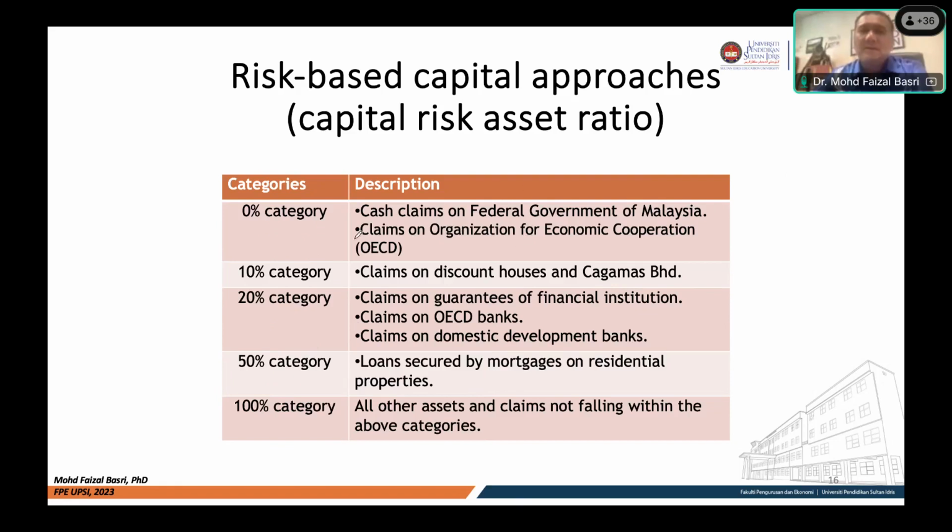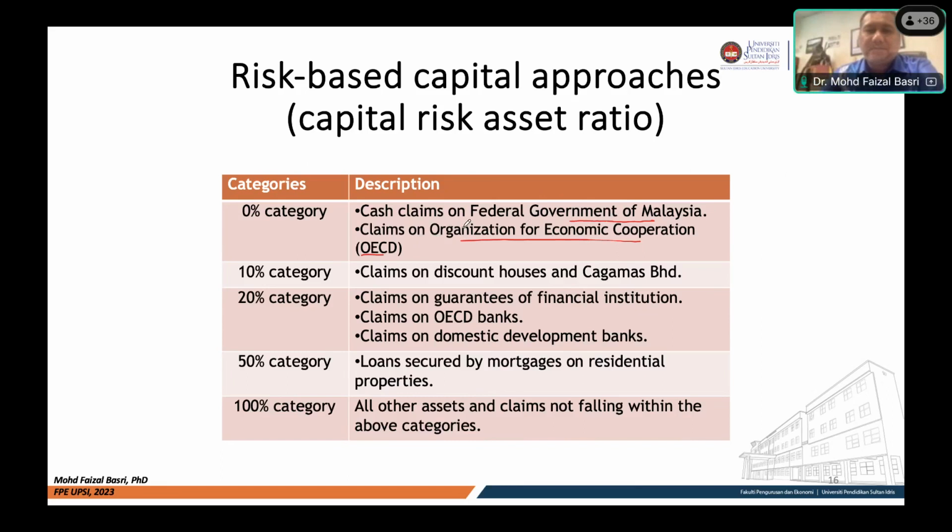The lowest percentage, 0%, comes mostly from either securities of the government of Malaysia or, if international, from the OECD. OECD is the Organisation for Economic Co-operation and Development. There is a list of countries that belong to this OECD. You can Google which countries belong to OECD.